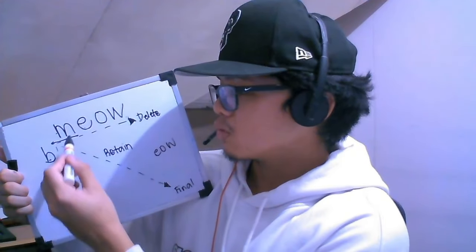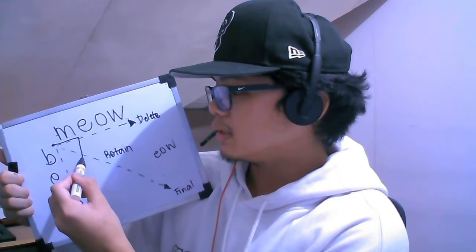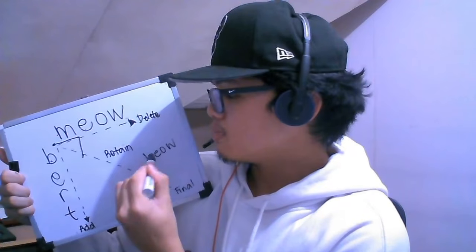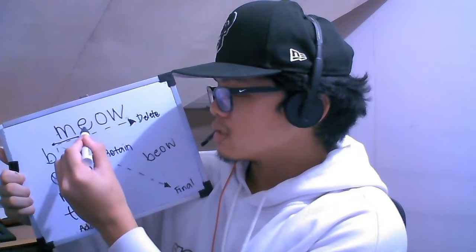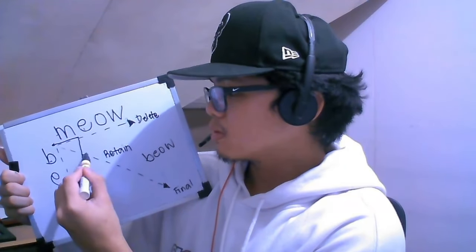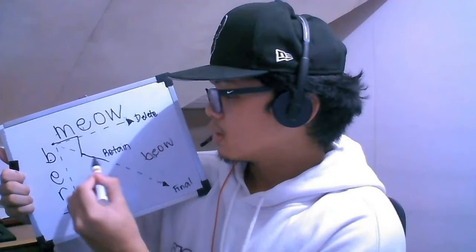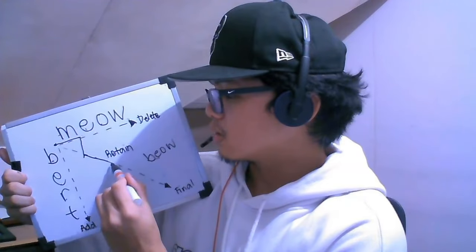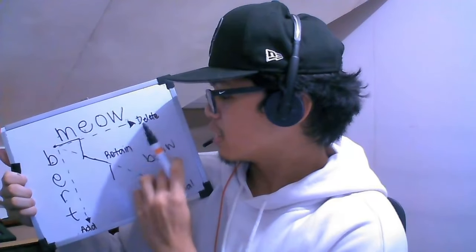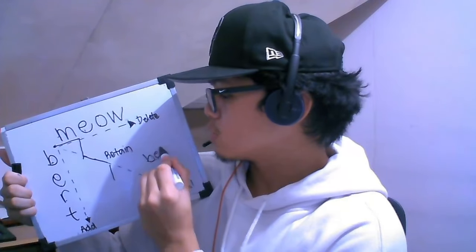Nope. So now we add the letter B. This becomes B. Now let's check, is E and E equal? Yup, so we retain that. Now we check, is O and R equal? Nope. So now let's say we add R instead. So we insert an R in between.